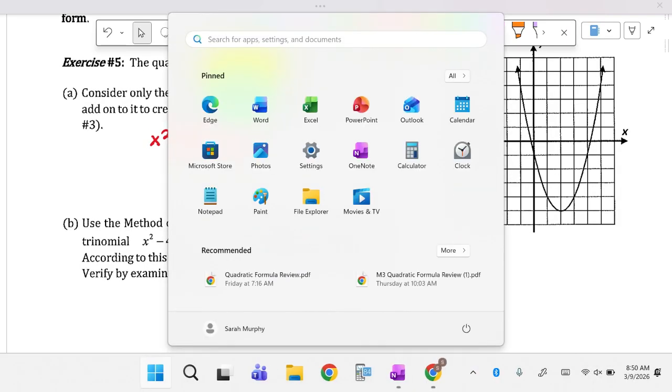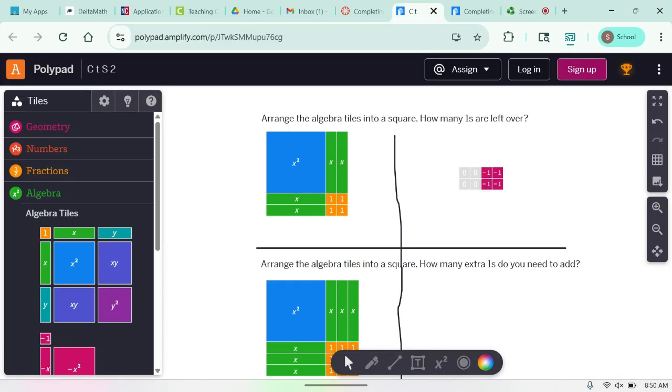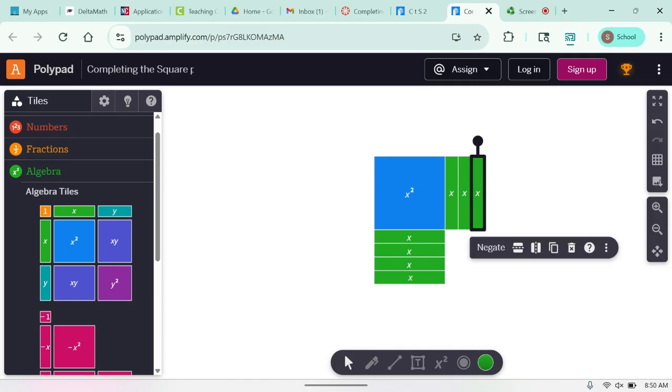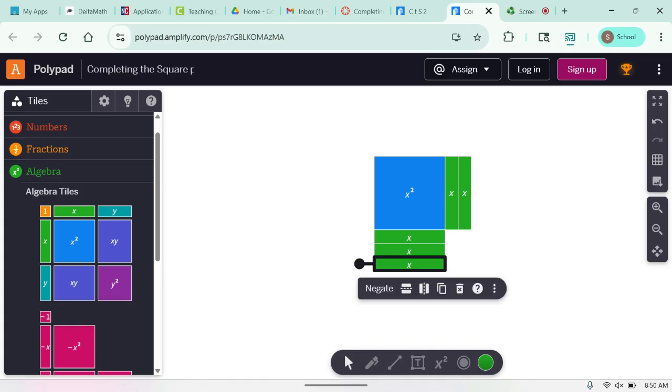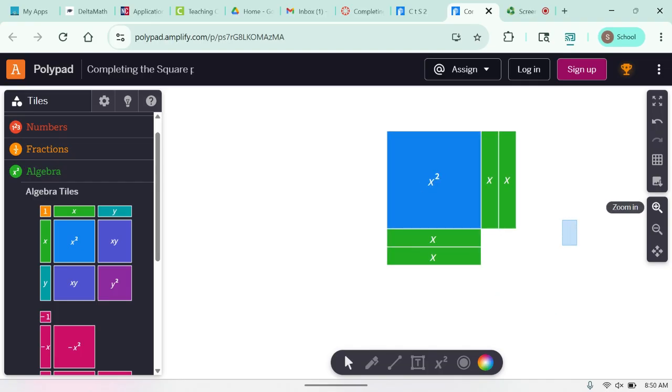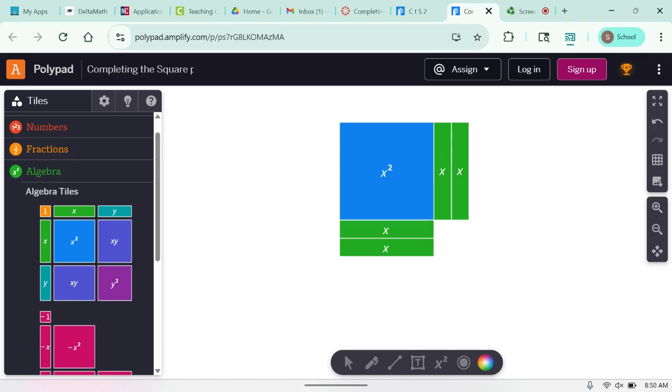So let's look at this from the geometric perspective. So here's what they gave us so far. They gave us x squared plus 4x.